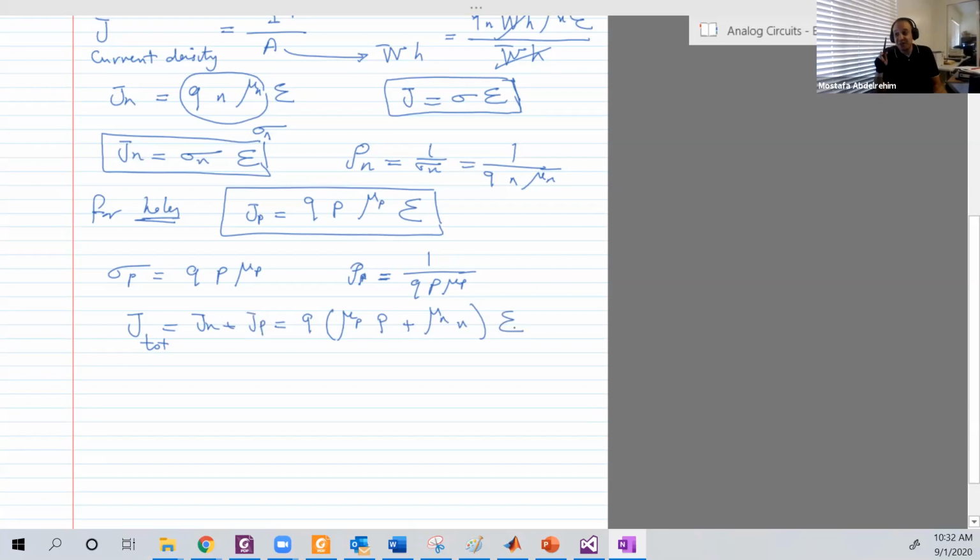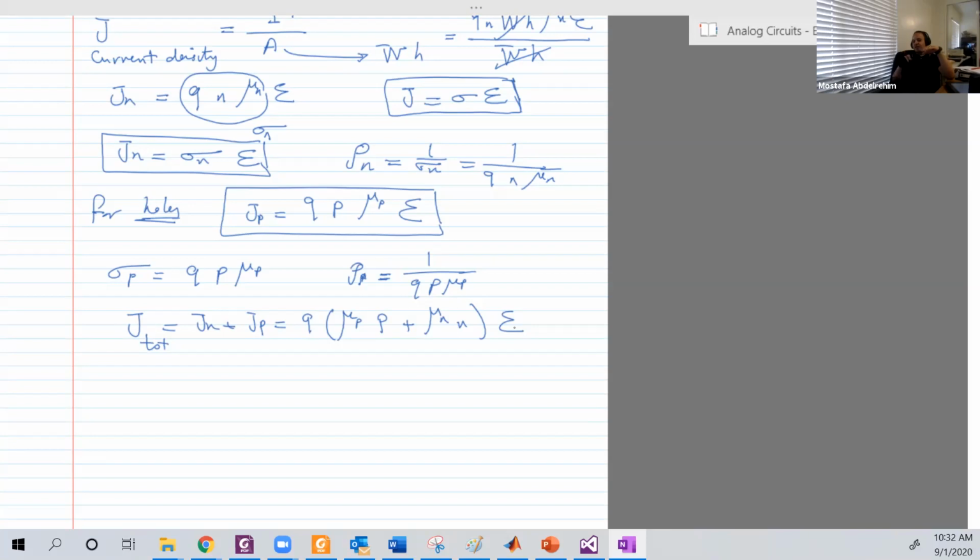And remember, they are not canceling each other. The holes, as a charge, move in the opposite direction of electrons. But the conventional current is always opposite to the direction of movement of the electrons and in the direction of holes. So both are in the same direction, so they are not canceling each other.